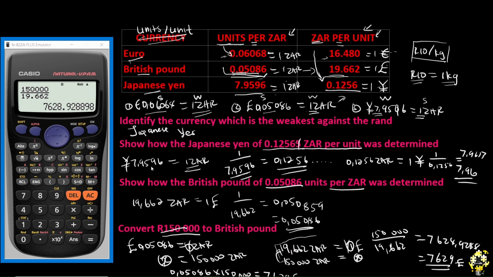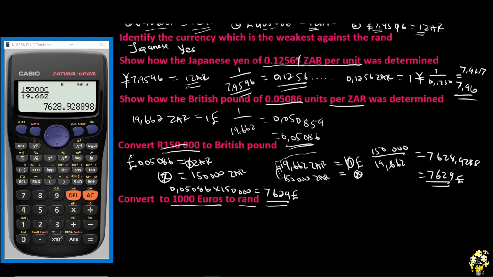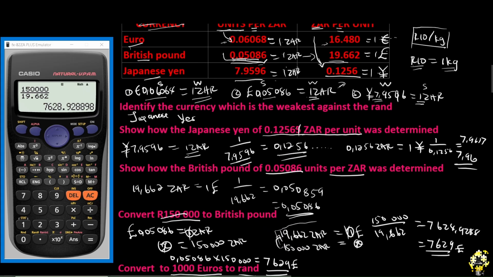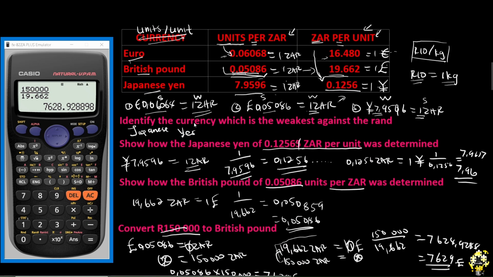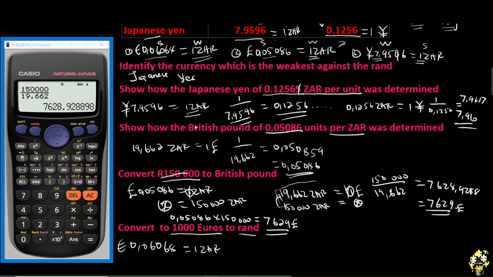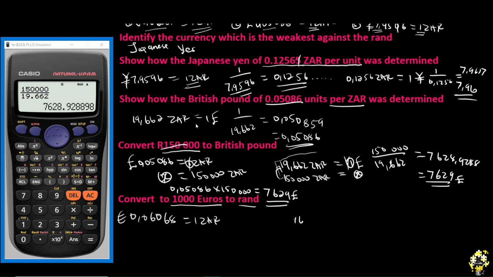The first one is saying 0.06068 euros is equal to 1 South African rand. That's the first one. On the other side, it says 16.480 South African rands is equal to 1 euro.